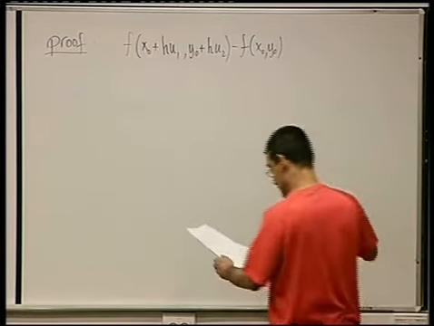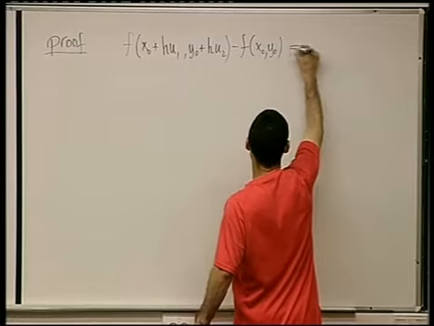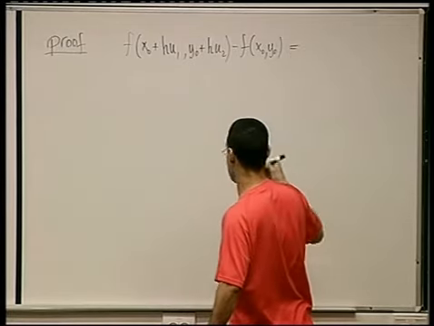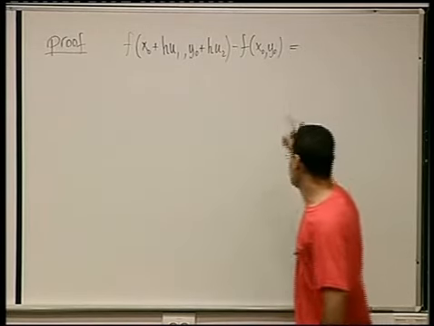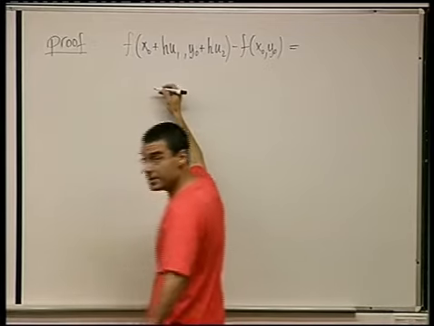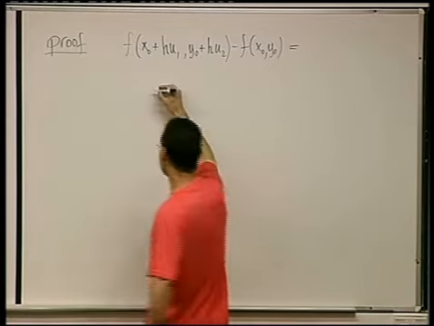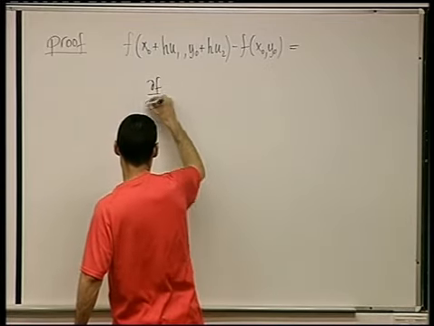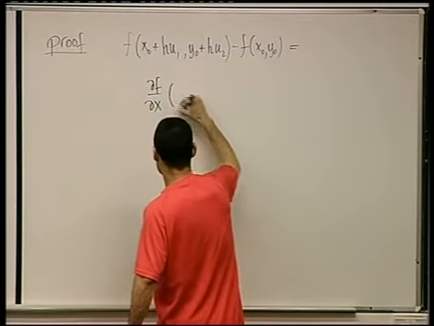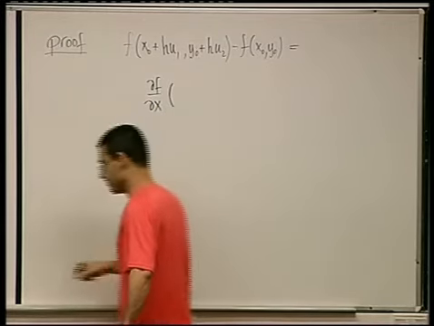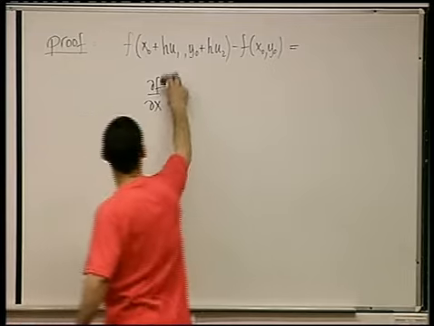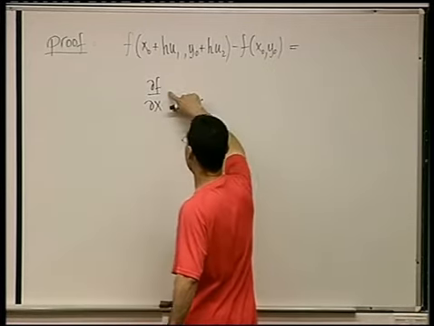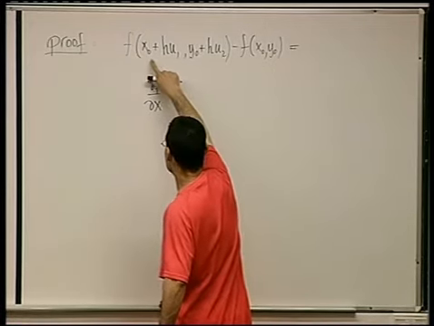So I'm first looking at this difference, and by the fact that f is differentiable, the property star that we had, this equals A. Remember capital A and capital B? A was df to dx times h. Df to dx, that was the A, times h, what was h?